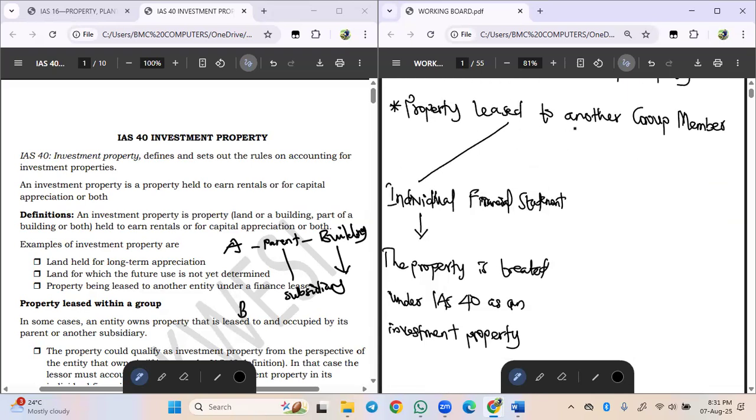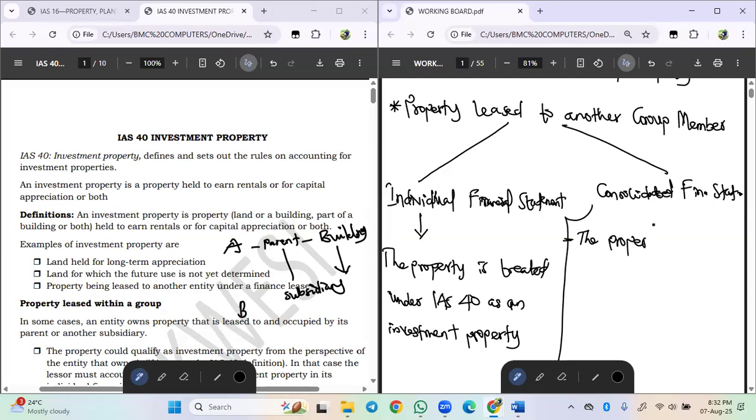Let's talk about where they are in a group and preparing the consolidated financial statement. Now, from the perspective of the group, the same property that is seen as investment property from the perspective of the owner in the individual financial statement, when you come to a consolidated one, it is seen as owner-occupied property. So under the consolidated financial statement, the same property will be treated as owner-occupied property under IAS 16.